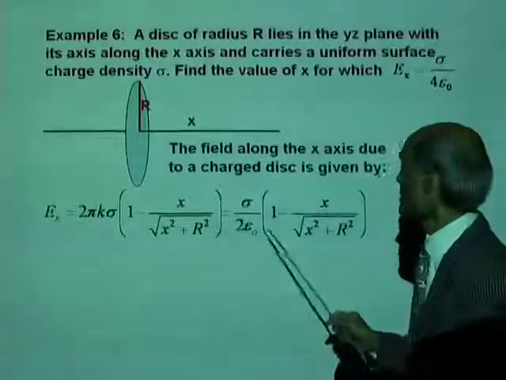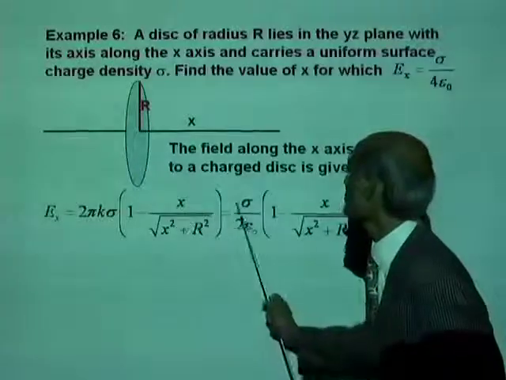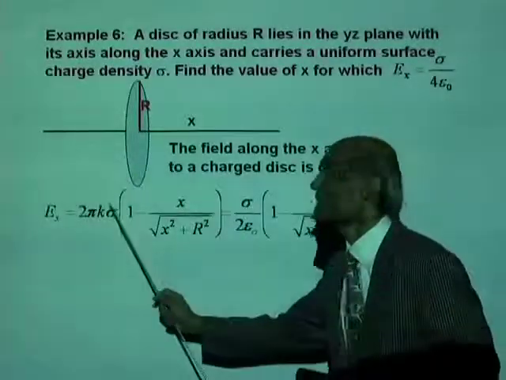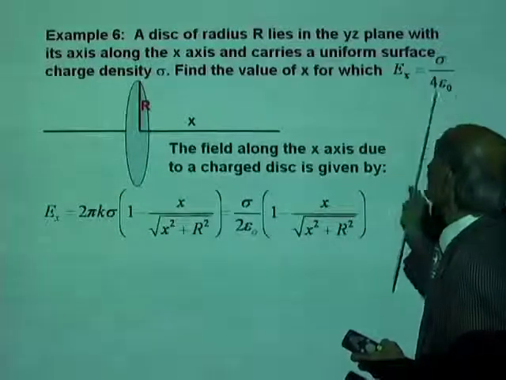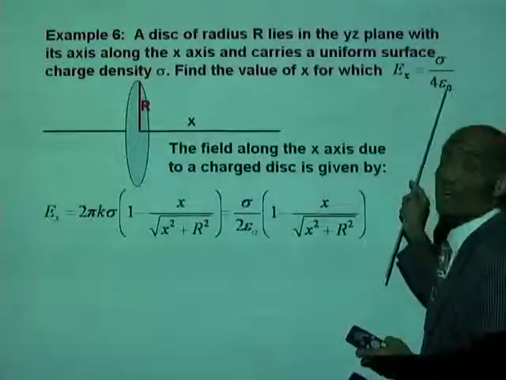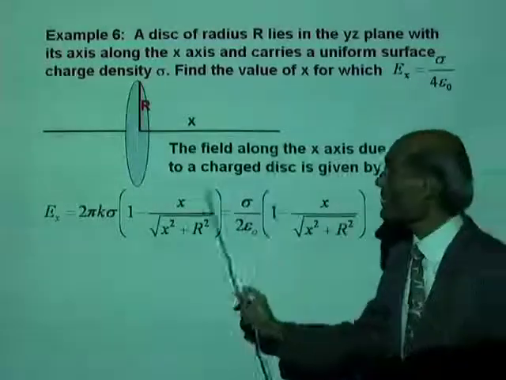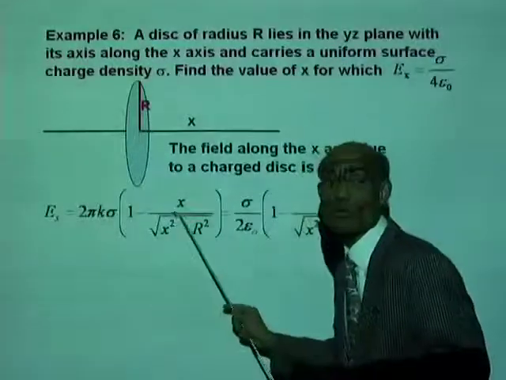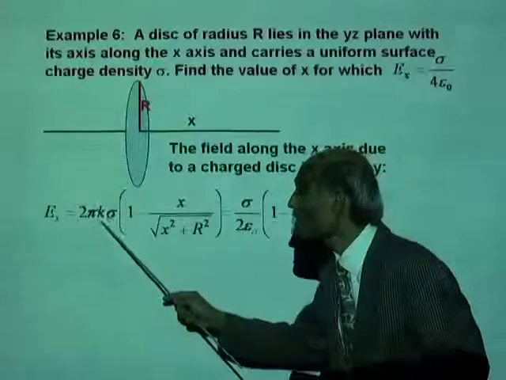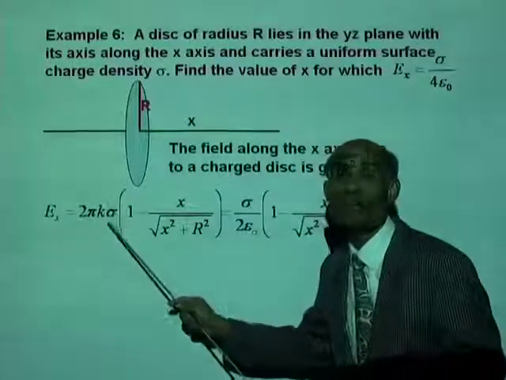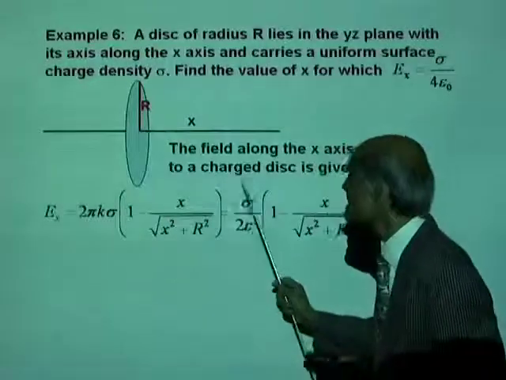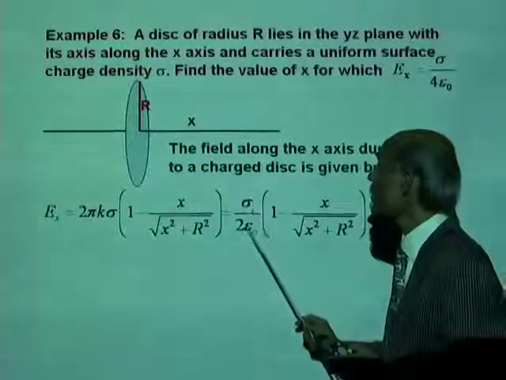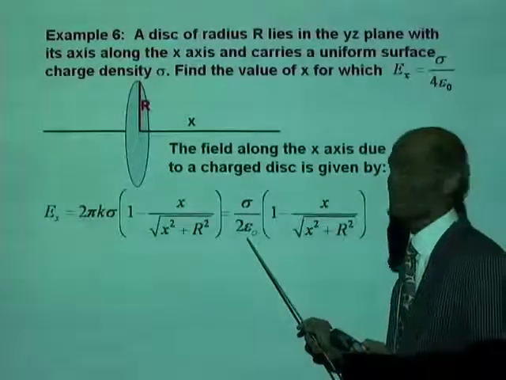All right. Because we are given sigma over 4 epsilon naught as the field value, in our equation here, I replaced k by 1 over 4 pi epsilon naught, and 2 pi k sigma became sigma over 2 epsilon naught.